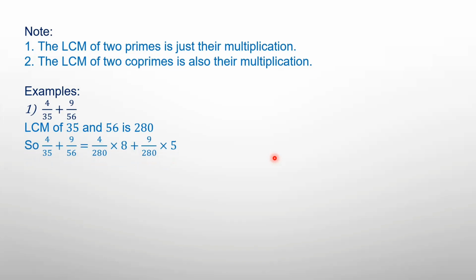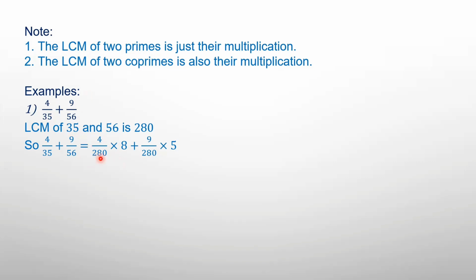So we have to make the common denominator 280. 280 is the 8th multiple of 35 and the 5th multiple of 56. So multiply the numerator and denominator of the first fraction 4 upon 35 by 8, and multiply the second fraction 9 upon 56 by 5.